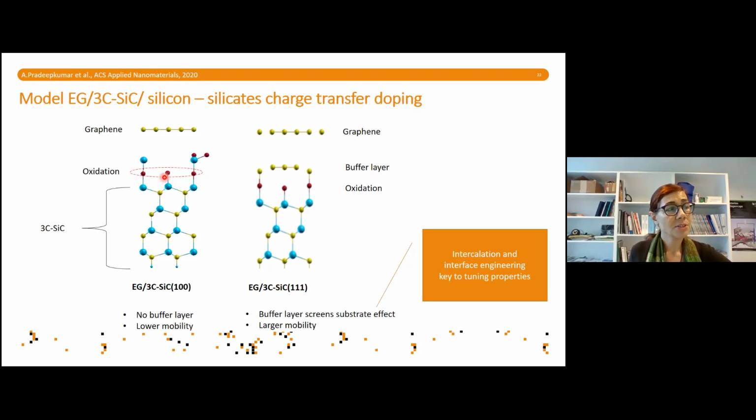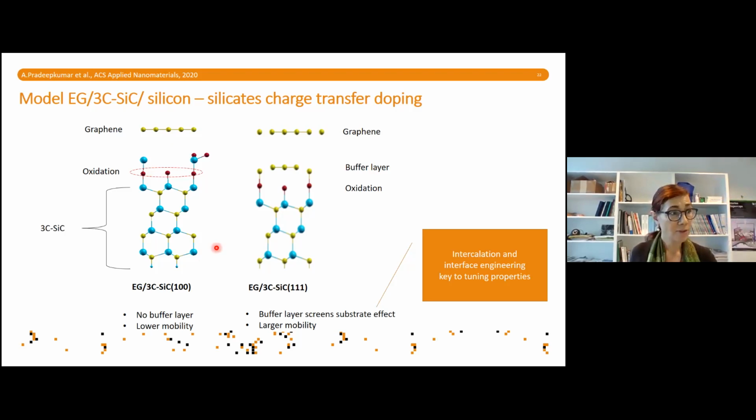Here on the 100, there is no buffer because of just the geometry of it. We have the oxidation layer that is basically exposed directly towards the graphene, and we have a high amount of charge transfer because of that. Indeed, our graphene is invariably p-type because of this high charge transfer.